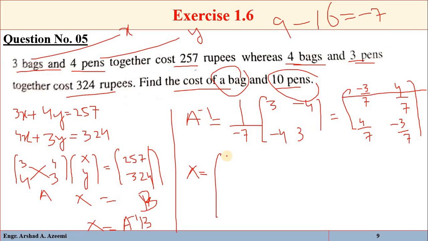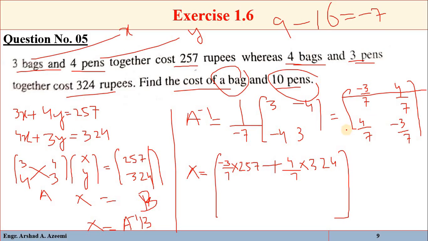So minus 3 by 7 multiplied by 257, plus 4 by 7 multiplied by 324.